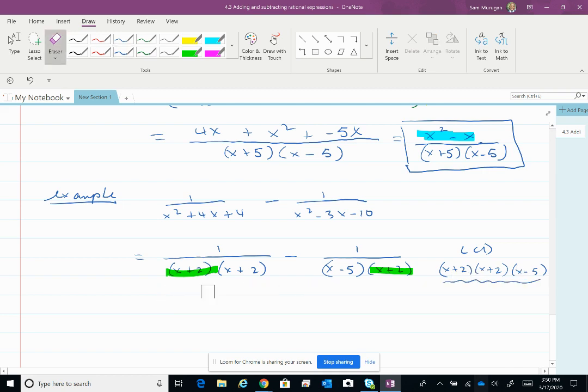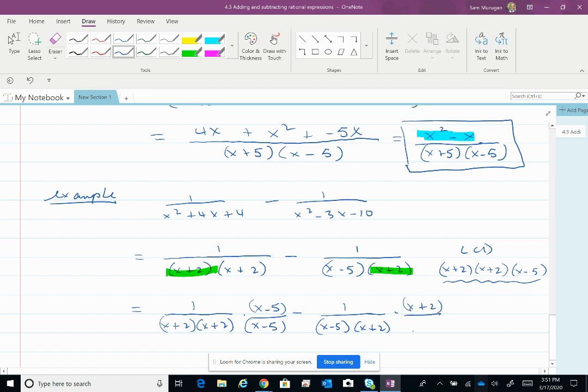So let's go ahead and do our fix on this, okay? This is 1 over x plus 2, x plus 2, x minus 5, x minus 5, minus 1 over x minus 5, x plus 2, and here we're going to multiply by x plus 2 over x plus 2.